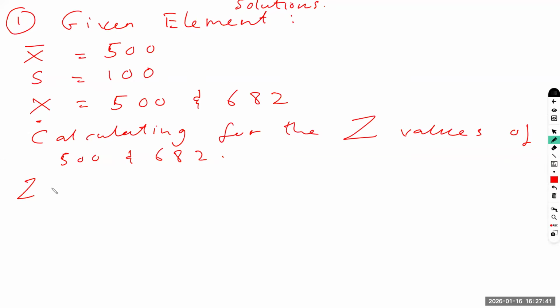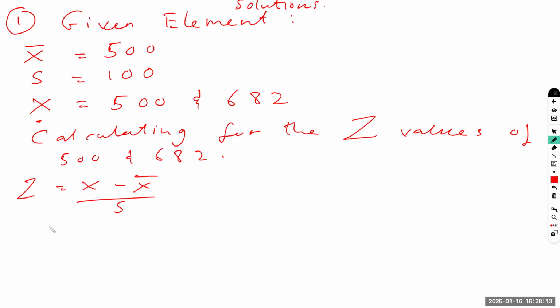But somebody will say I know the values already, so I'll just do this: Z is equal to X minus X bar all over S. This is the formula we are going to use, because in mathematics everything is got by formula. X is the first value given, which is 500. X bar is the mean, which has been given as 500. S is the standard deviation, which is 100. I hope you get what I'm trying to say.